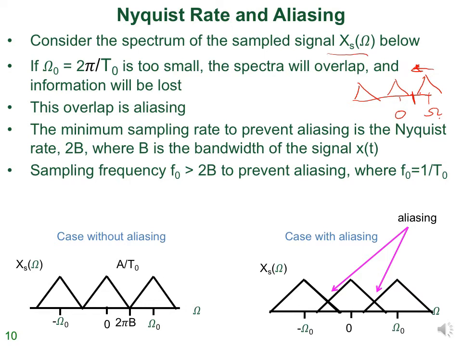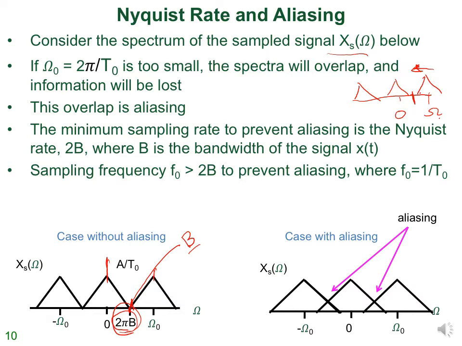We've illustrated that here, where the two spectra touch. This is the first replica, and this is the original spectrum, at the highest frequency component of the spectrum. And so 2 pi b would be the frequency in radians per second, so b would be the highest frequency in hertz.